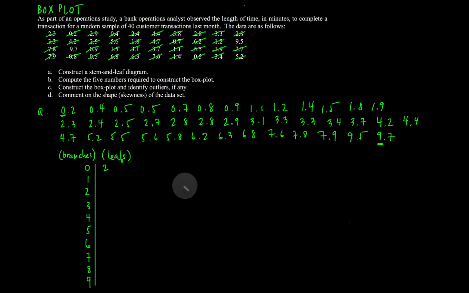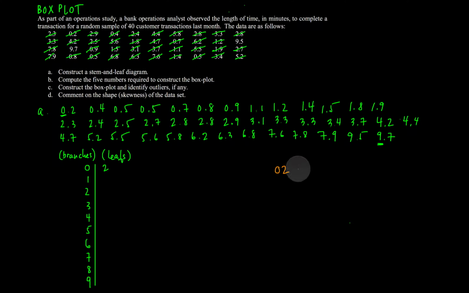Now, the way the stem and leaf works, and I want you to follow this closely, if I take this number and I simply extract it from the stem and leaf, I'm going to get 0.2, right? Just plain and simple.